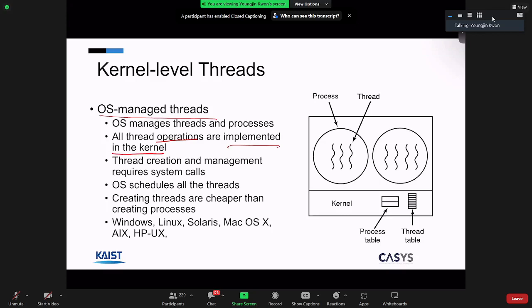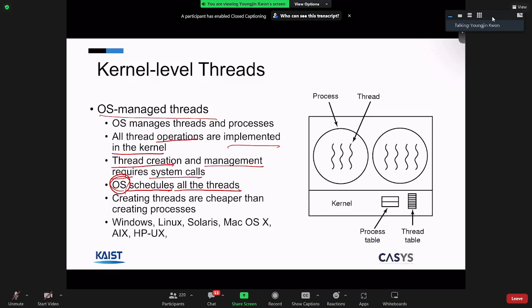Therefore, thread creation and all management require system calls, like process fork. One important distinction of kernel level threads is that the operating system schedules all threads. The thread is the basic unit of execution, so the basic entity of scheduling is the thread.